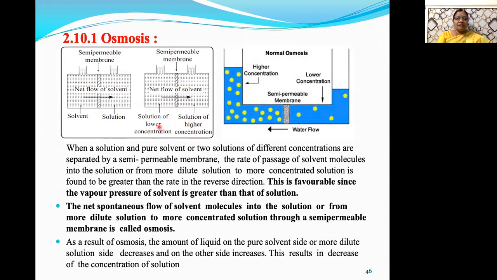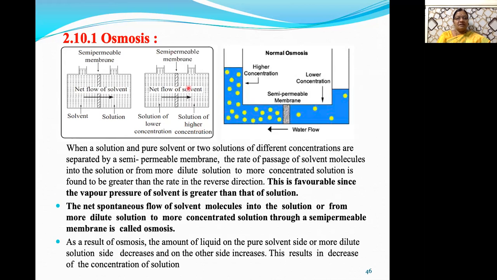Try to understand. A lower concentrated solution means the amount of solute is less. On the contrary, the amount of solvent molecules will be large. In this second compartment, the solution of higher concentration means the solute amount is higher, and on the contrary, the solvent molecules are less.